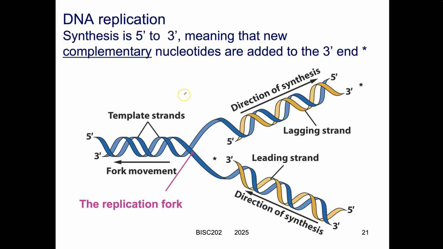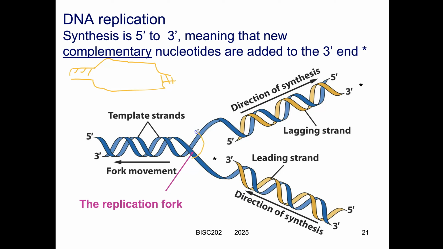Okay, so here's the idea. The DNA opens, if we're looking at a piece of DNA, it sort of opens. Sorry for the messy drawing. But the lines here are the complementary base pairing, and then it opens up.